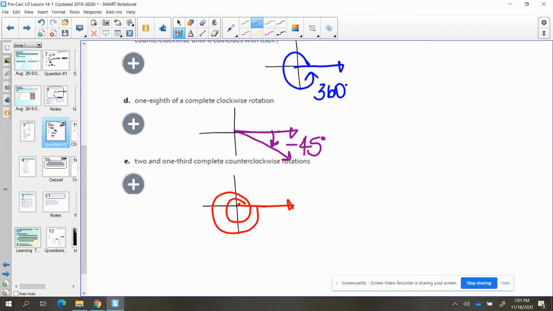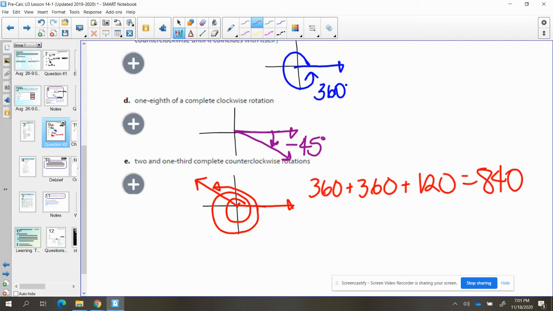Now, 1/3 of 360 is 120 degrees. So that's going to place us here into quadrant 2. And this would be a total of 360 plus 360 plus the 1/3, the 120, for a total of 840 degrees, positive, because it went counterclockwise.